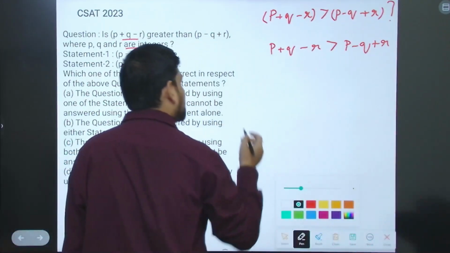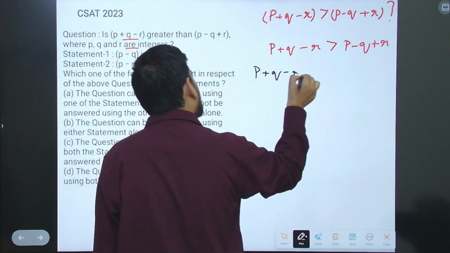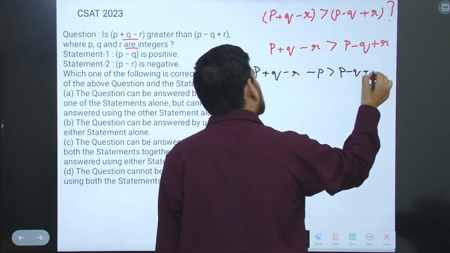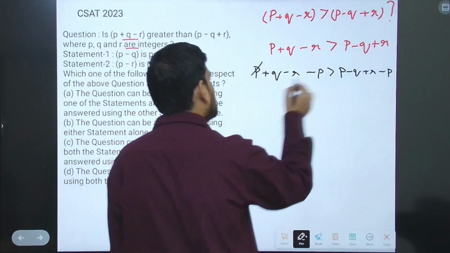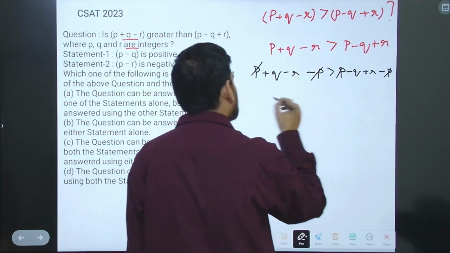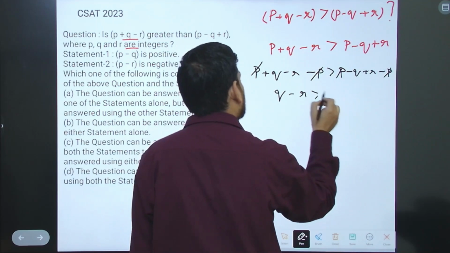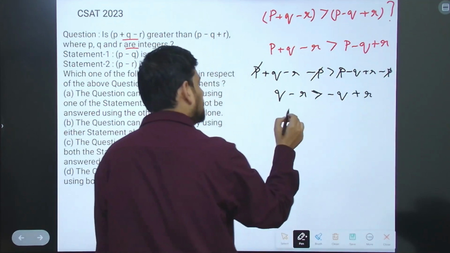If you don't like cancelling directly, okay. So this is P plus Q minus R. I am introducing minus P here, and P minus Q plus R and minus P here also. Inequality won't change. Now P and P cancel. Ultimately, what you get? Q minus R is greater than minus Q plus R.